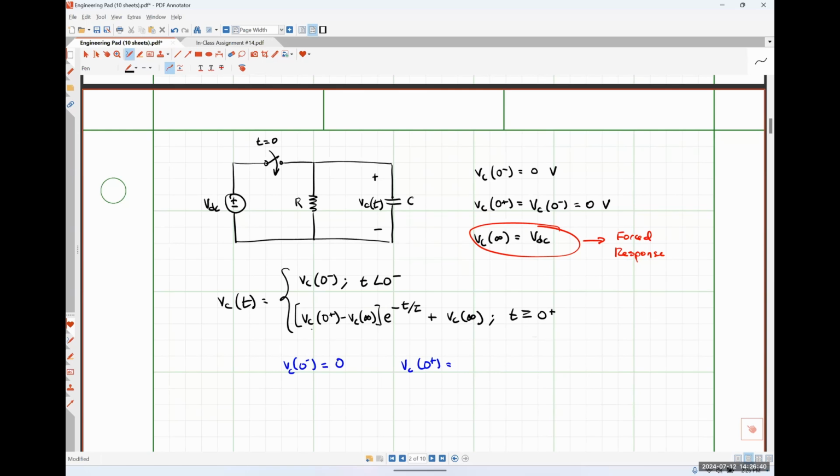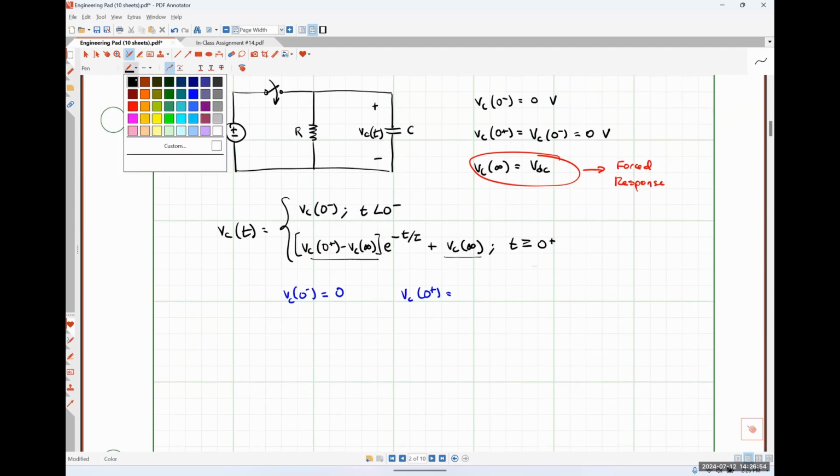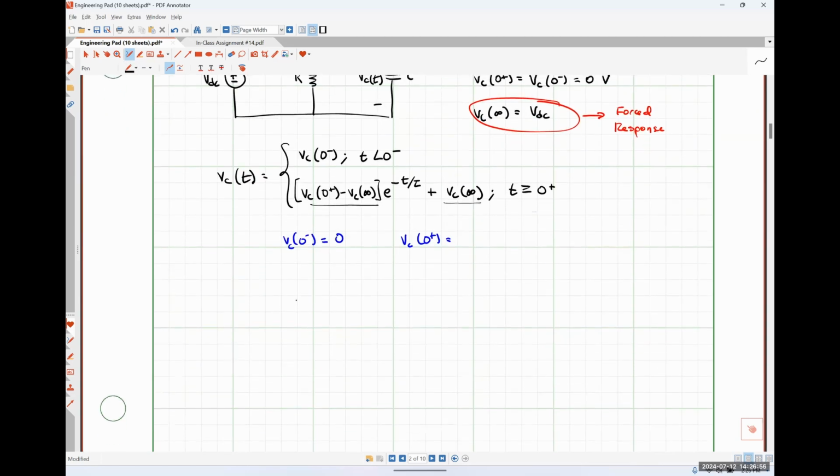And then this term is going to get smaller and smaller as time progresses, meaning that our voltage signal gradually increases up towards whatever it is at infinity. So if I were to graph this, it would actually look something like this. So here's VC as a function of time. Here's time.